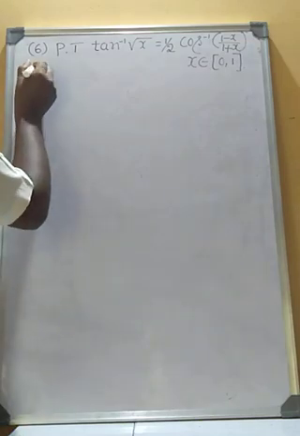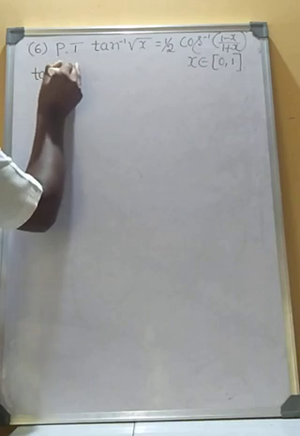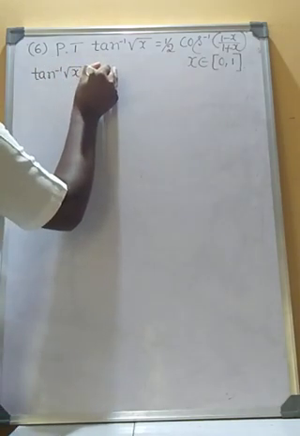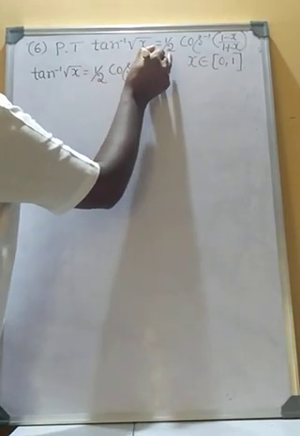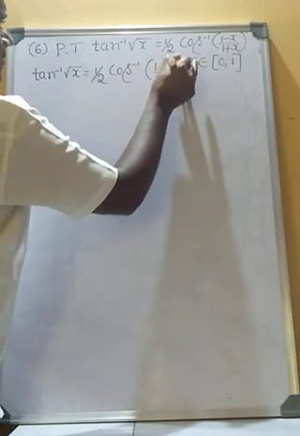So here, given tan inverse root x equals 1 divided by 2 cos inverse of (1 minus x) divided by (1 plus x).